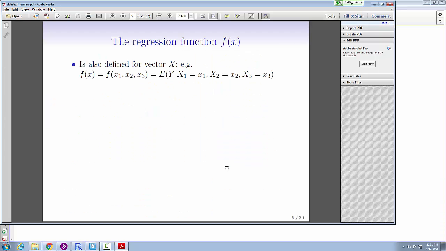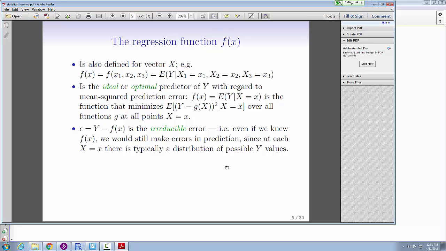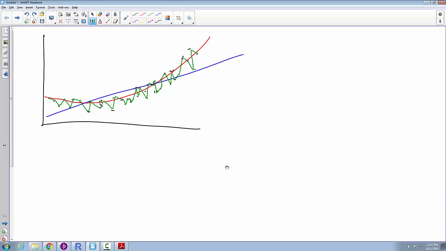So which one would you want? How do you formalize distinctions between these? Each of these are valid models. These are all possible models that you could use for this data set. Which one would you want?